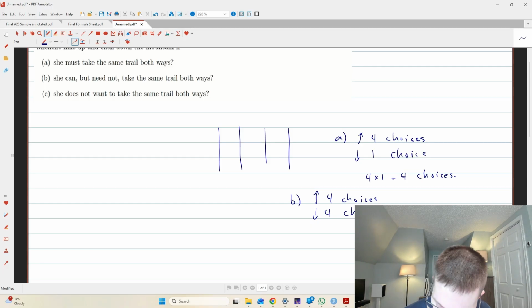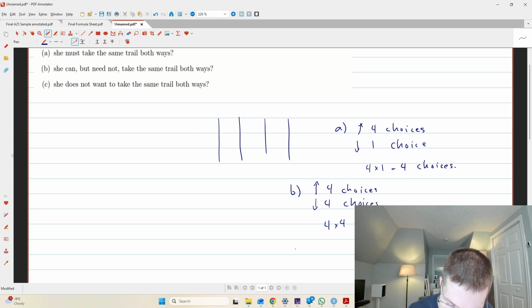Okay, so that means in total, by the multiplicative principle for counting, there are 16 possible choices.